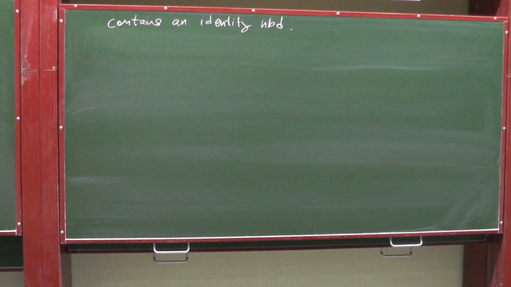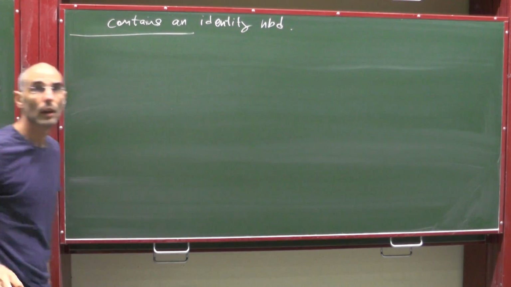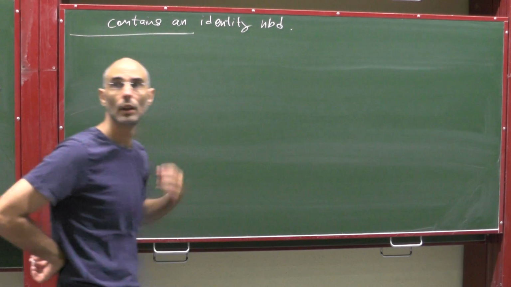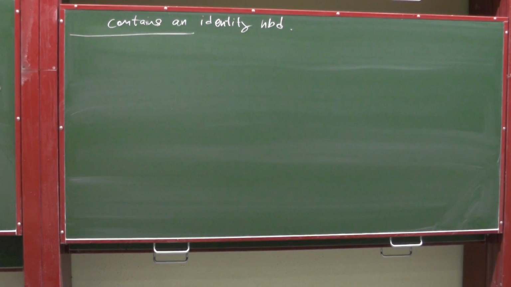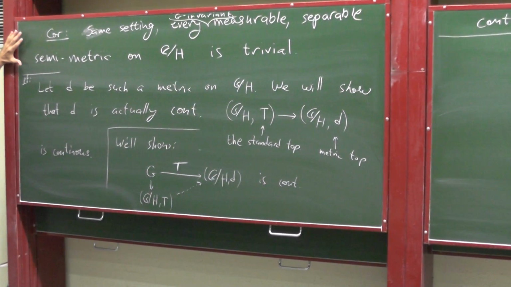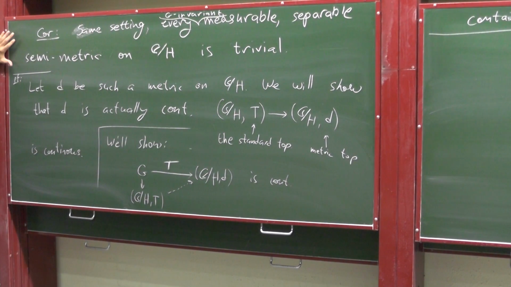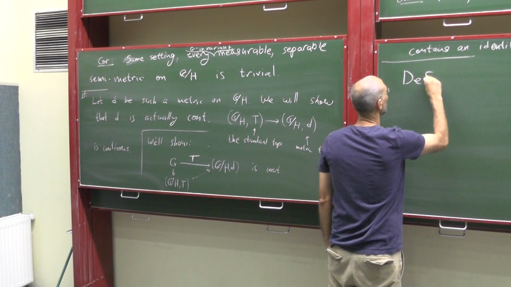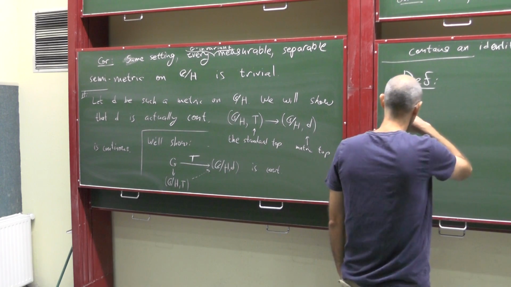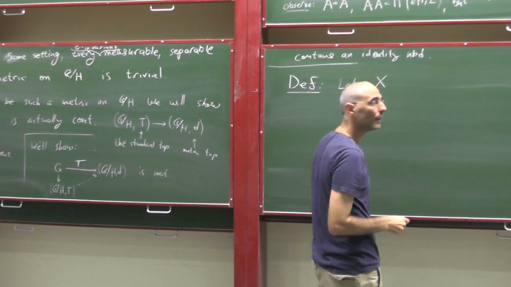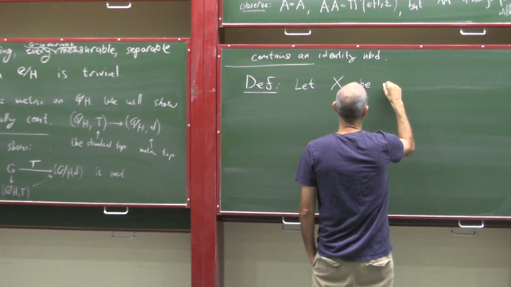Okay. A part of this fact which I did not explain in full. Any questions? So now take a look at this corollary, and I want to phrase it as an ergodic theorem of a certain type. So let me make a definition. Let X, like G mod H, be a Lebesgue space.